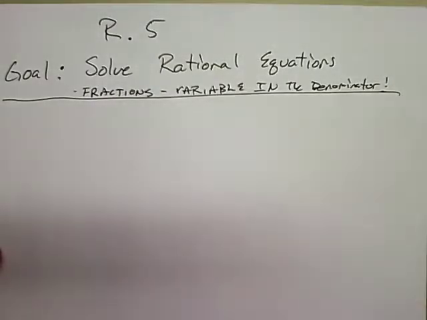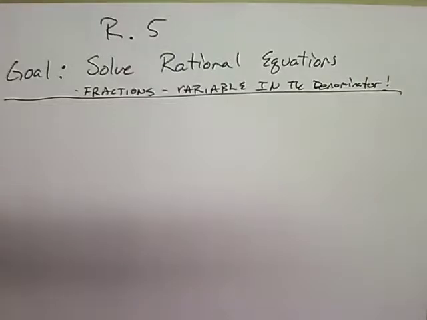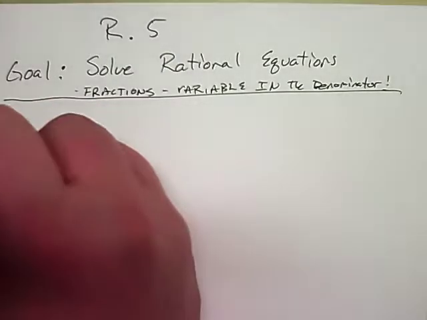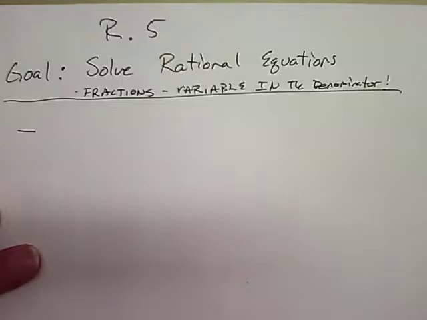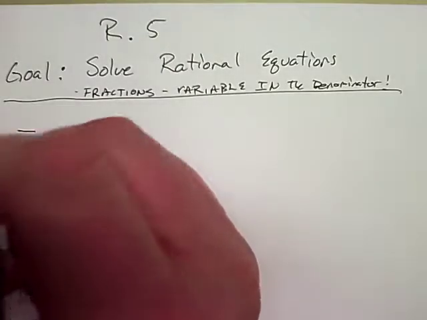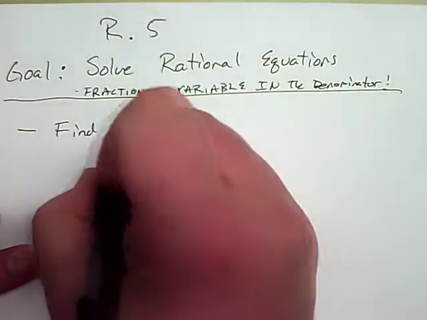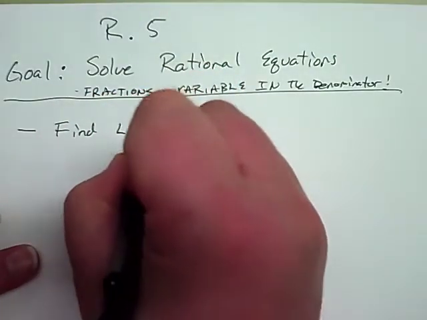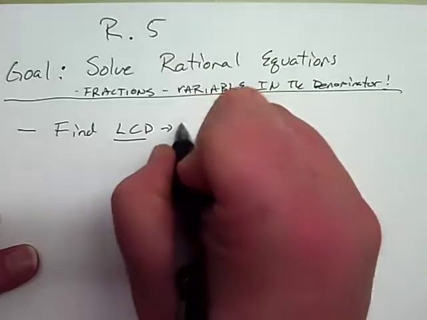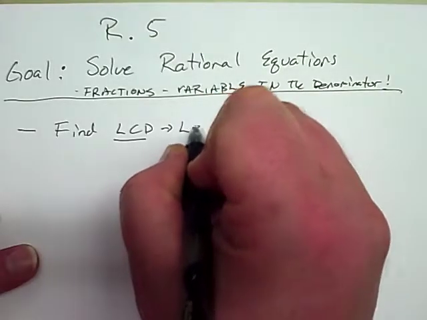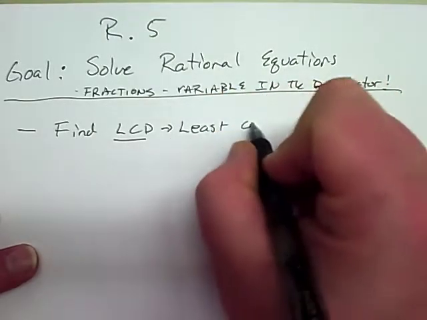All right, so I'm going to put together some guidelines for us to go through. First thing we're going to do whenever it comes to solving rational equations, right? We want to find the LCD. So find the LCD, and remember that that is the lowest or least common denominator.